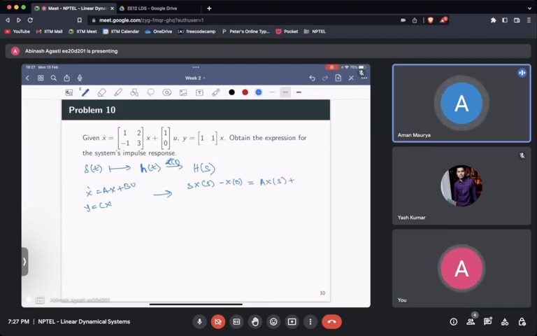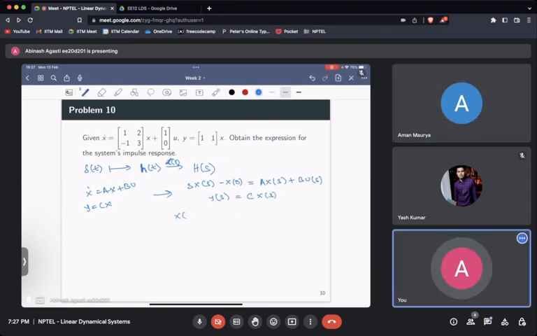Yes, yes, right. Then how do we get it? X of 0. So remember that when we talk about transfer function and the like, we consider zero initial conditions.